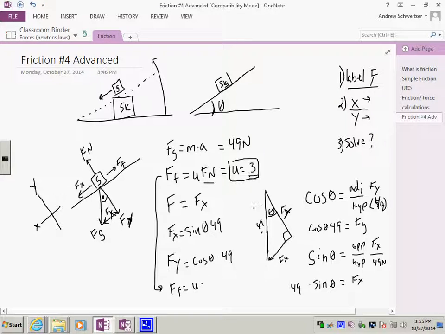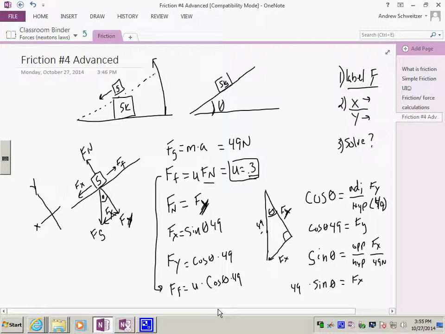That's where I made that typo earlier. These two are balanced. So the force normal equals f of y, and f of y equals the cosine of the angle times 49. So all my forces are labeled here.